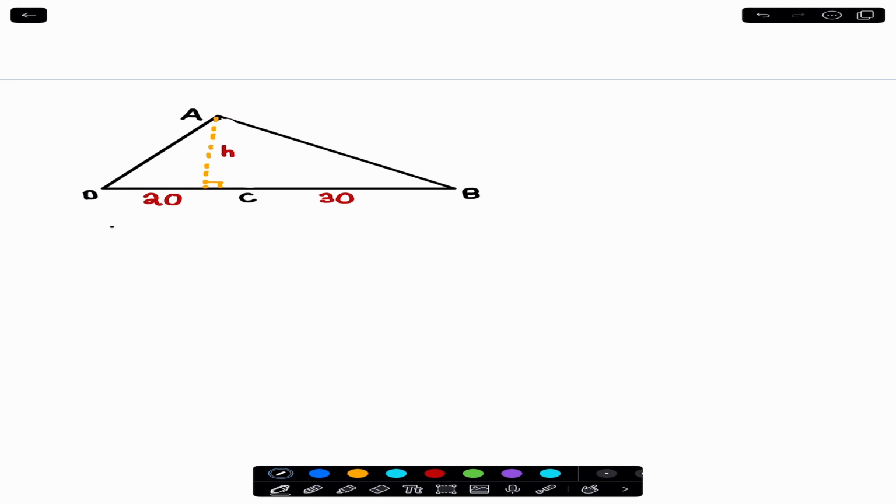The area of triangle ABD is equal to half times the base. Base BD is BC plus CD, which is the whole segment BD. That would be 30 plus 20, 50. Half times 50 times the height h simplifies to 25h.